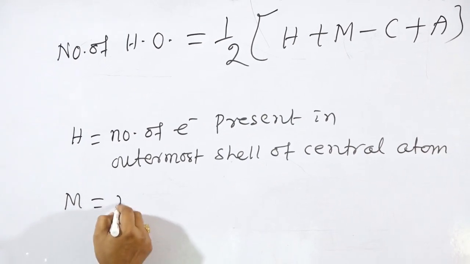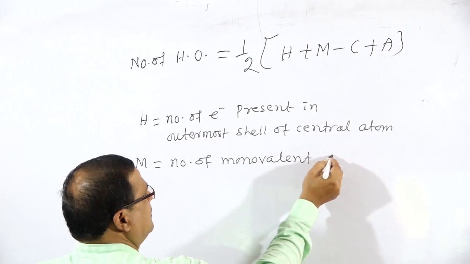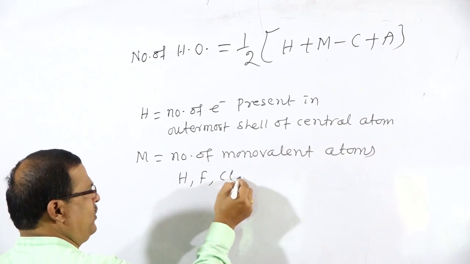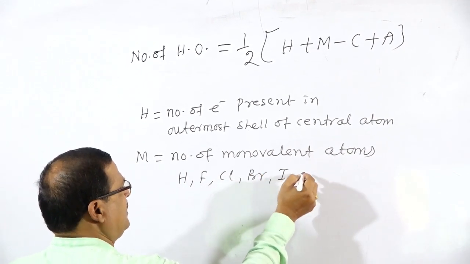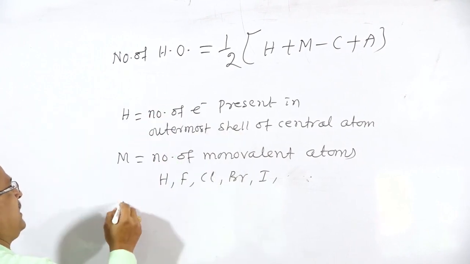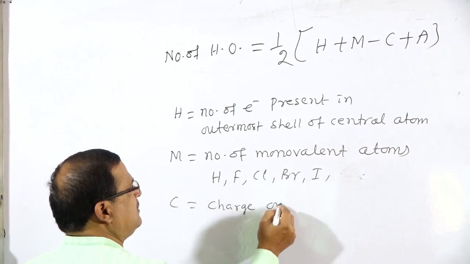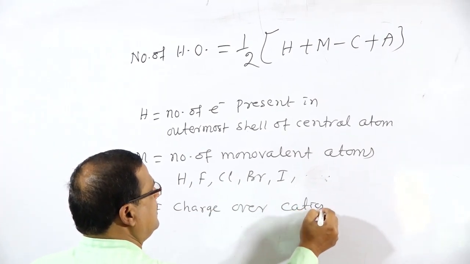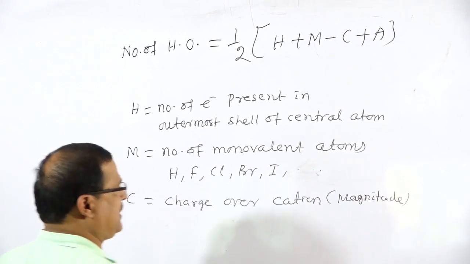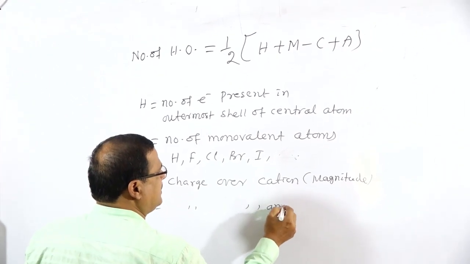M is the number of monovalent atoms like hydrogen, fluorine, chlorine, bromine, iodine, sodium, lithium, etc. C stands for the magnitude of charge over the cation, and A stands for the magnitude of charge over the anion.